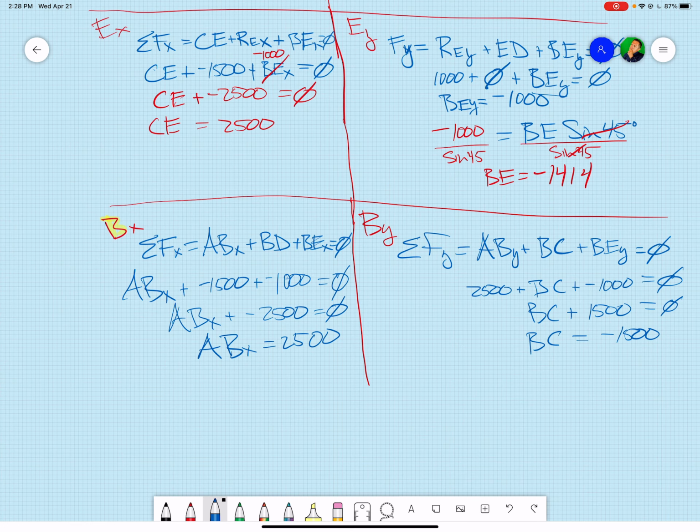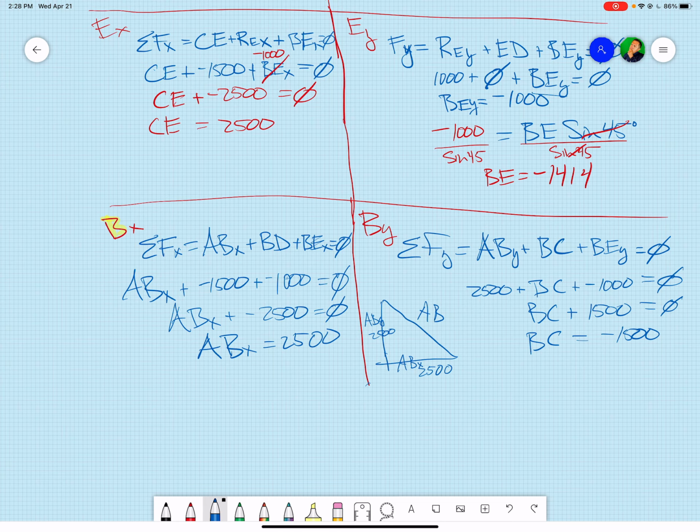Let's do that right triangle thing again. You could do Pythagorean Theorem right now, but I'll just do it again. If I have this right triangle here, and AB is looking like that, and I just figured out ABY is 2,500, and ABX is also 2,500, I could do Pythagorean Theorem, right?